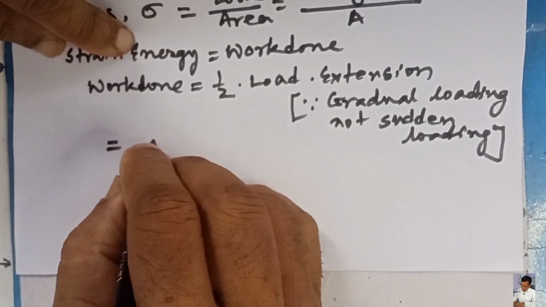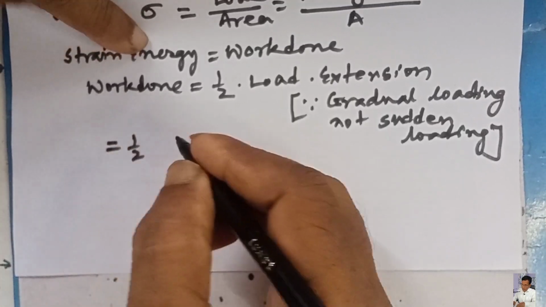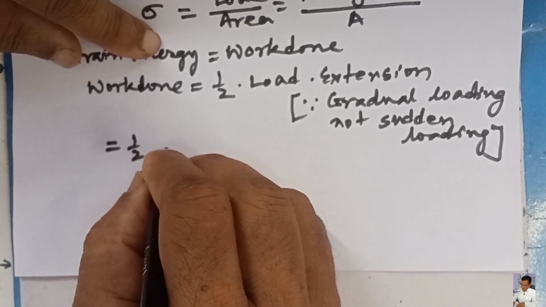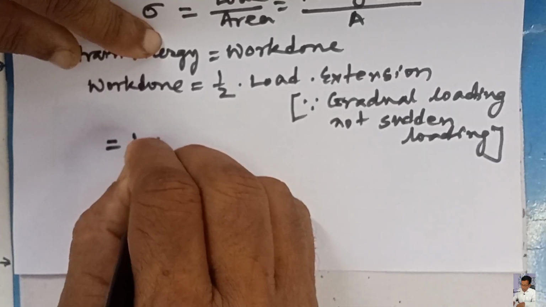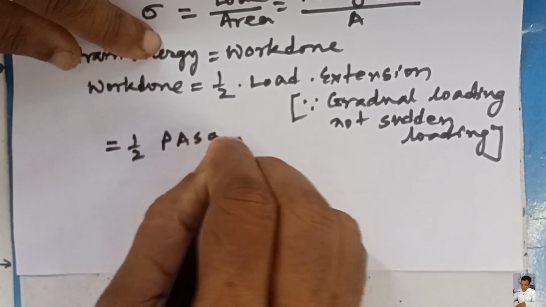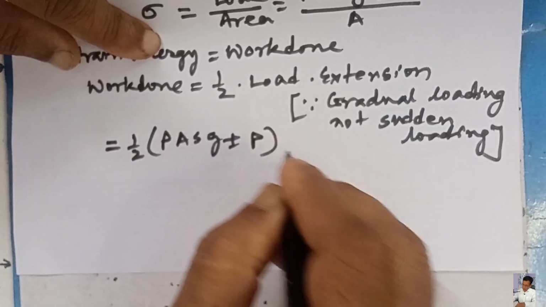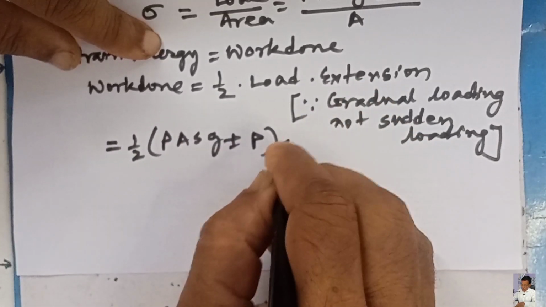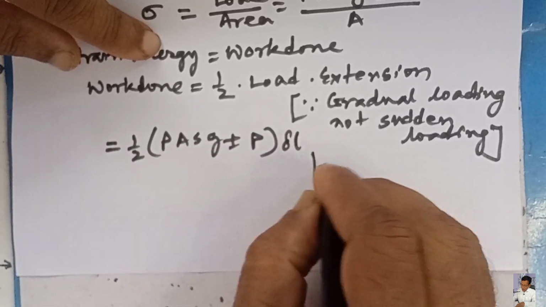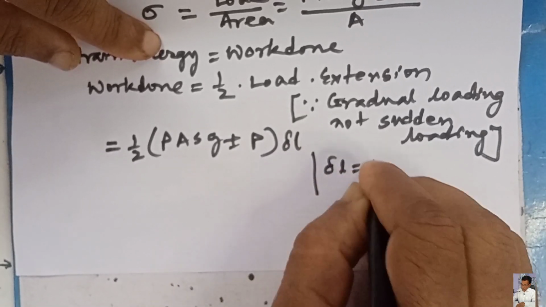It is equal to half into load, which is rho A S G plus minus P, into extension del L. Del L is the extension.